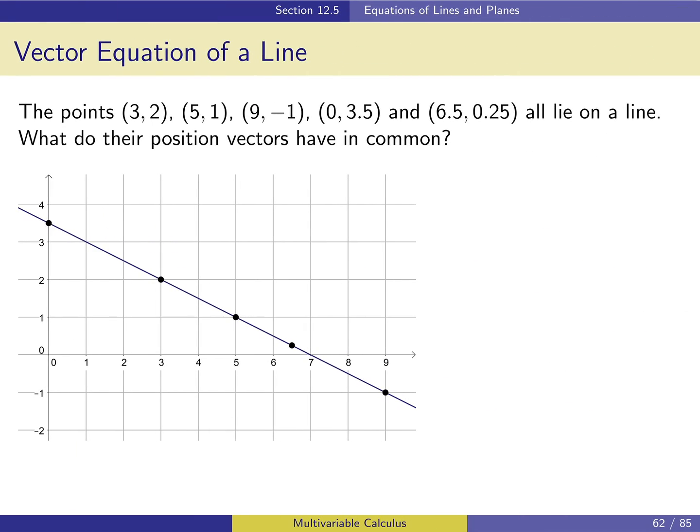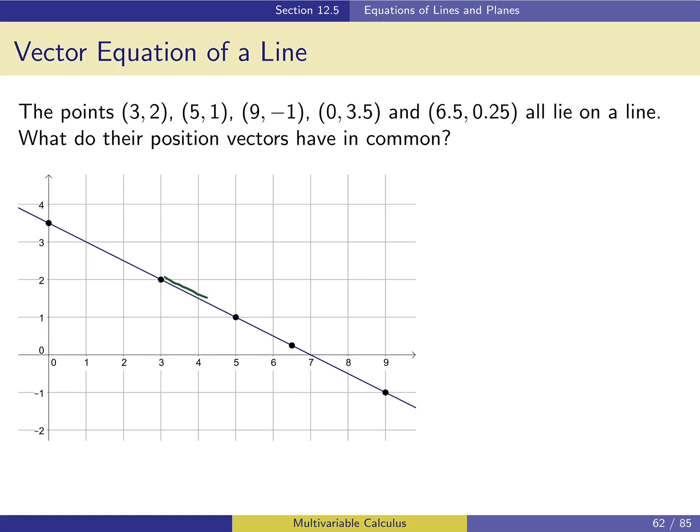Since slope-intercept form won't generalize properly to three dimensions, we're going to need another way of writing the equation of a line, and that's going to be the vector equation. So let's look at this line here. I've calculated 5 points on this line, and the question is, what do their position vectors have in common? Let's start with the point (3, 2), and then travel from (3, 2) to any of the other points.